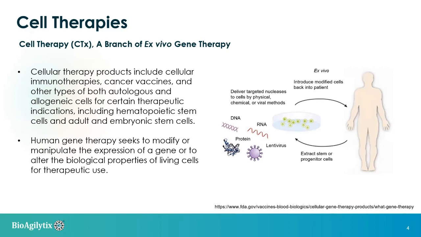And a branch of engineered cell therapies can also be used to repair, regenerate, and replace human tissue. But today we're going to be focusing on a branch of ex vivo gene therapies where cells are modified or manipulated to express specific genes or to alter the biological properties of those cells to then become a therapeutic. So that's what we'll be focusing on today.